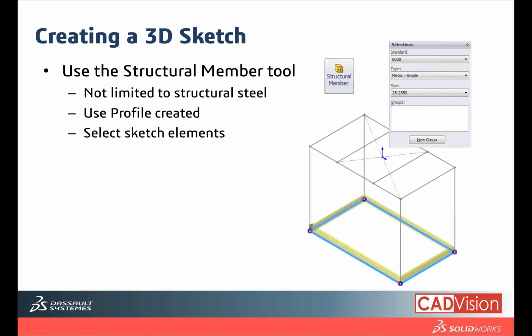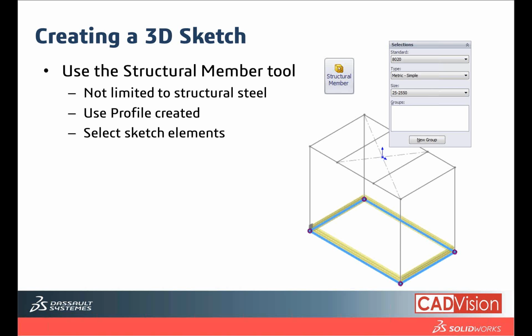Once I'm done with this, we go into the actual weldment, where we are going to add structural members to our 3D sketch. Earlier we already prepared the profile, and then we prepared the 3D sketch for the frame.